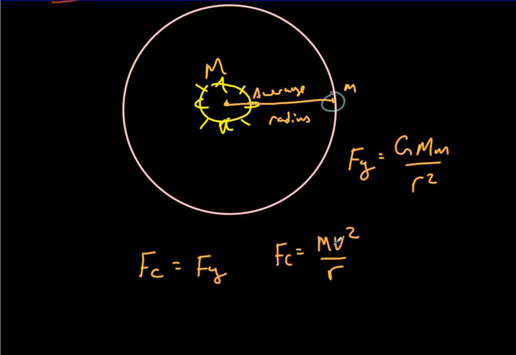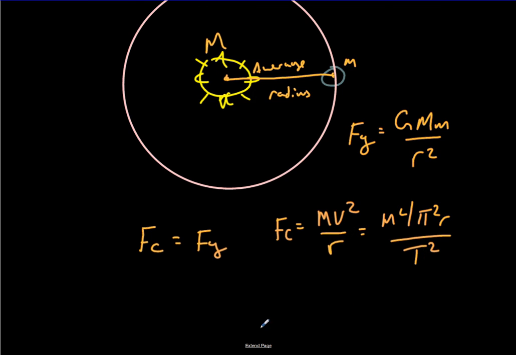And we also broke it down to be in terms of the circumference of the circle and a period of time, and that worked out to be m 4 pi squared r all over t squared. Do you remember that formula? Are you just saying that, or do you actually remember?